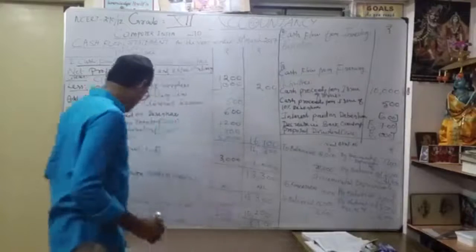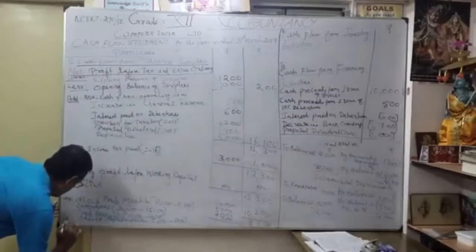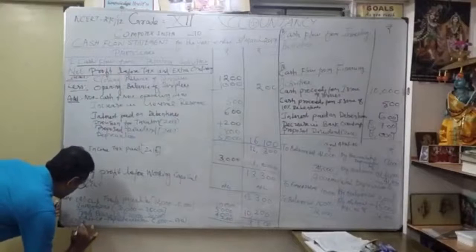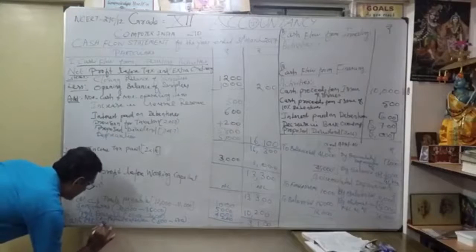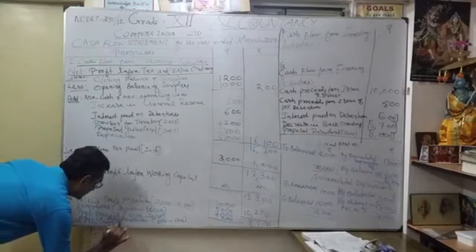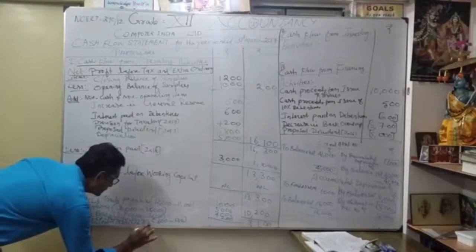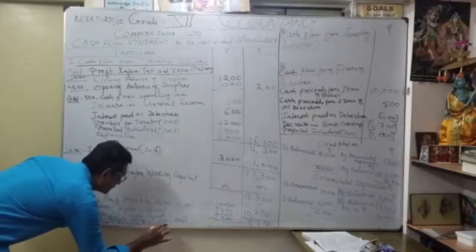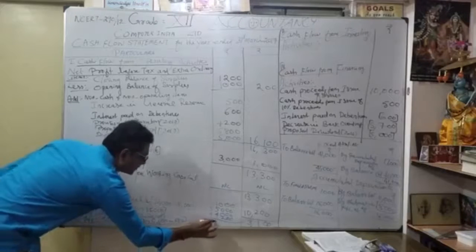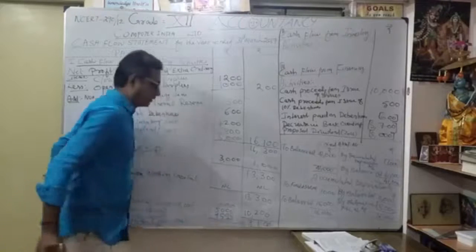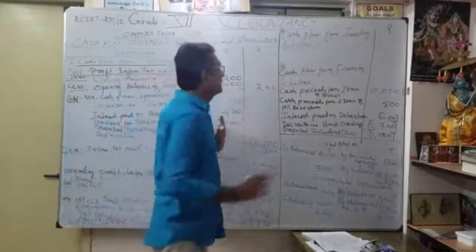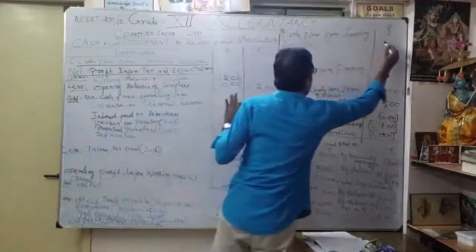Cash flow from operating activities. How much? 3,100. Here there is no investing activities.